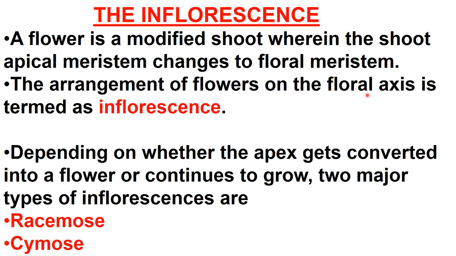So that arrangement of flowers on the stem, on the plant, on the floral axis, is called inflorescence, right? Now depending on whether the apex gets converted into a flower or continues to grow, two major types of inflorescence are there. First is racemose and second is cymose. So racemose and cymose, these two inflorescences are there.